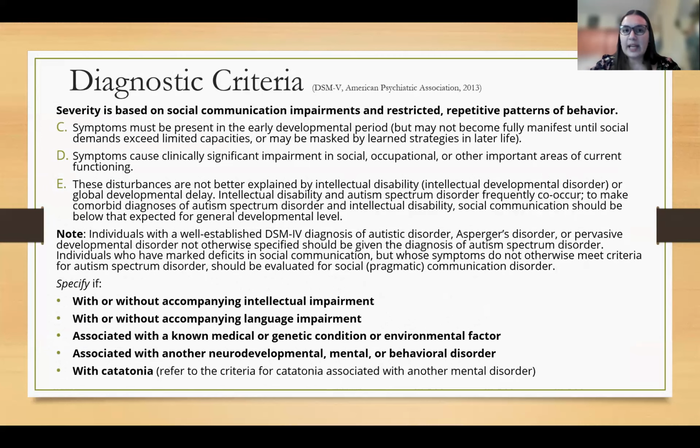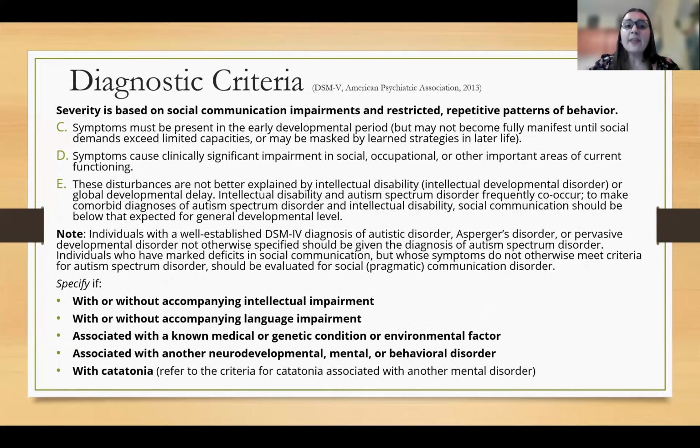One thing I want to say about the diagnostic criteria is just to touch on that there are varying degrees of severity based on both the social communication needs and the restrictive and repetitive patterns of behavior. So someone might be classified as needing support, needing significant support.